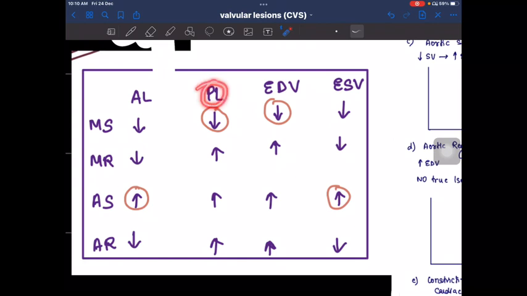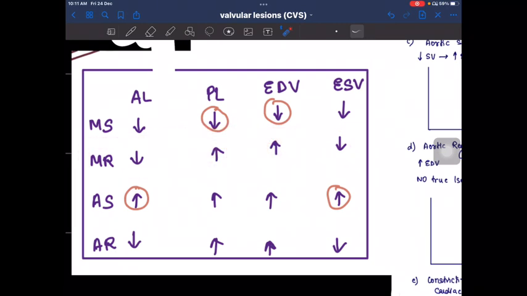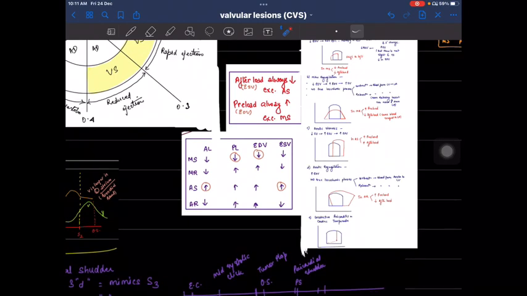About preload, we said preload always increases except in mitral stenosis. So here it increases. Wherever afterload decreases, end systolic volume will decrease. Wherever preload increases, EDV will increase. So see, this is how you work out the pressure dynamics in all the valvular regions. Okay, I hope this is very helpful.